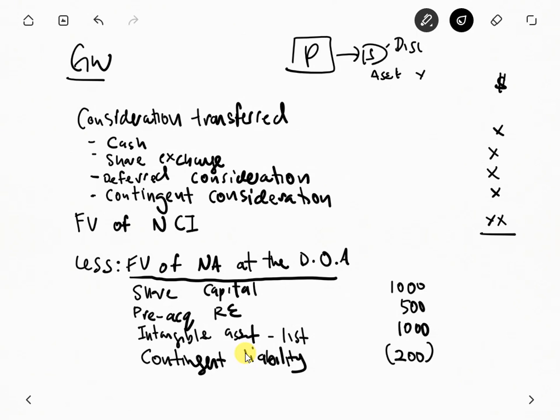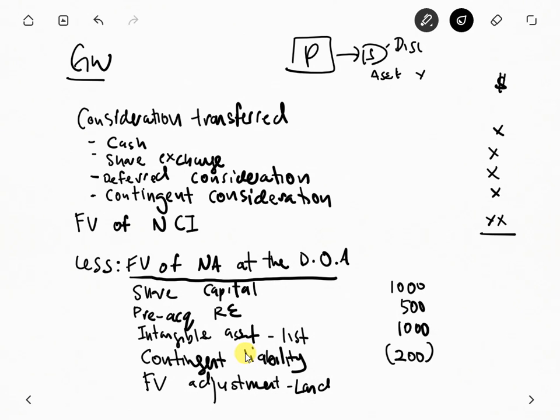Not recognized in the subsidiary: this intangible asset is not recognized as an asset, and the contingent liability is not recognized as a liability, but for a business combination, to calculate goodwill, we must take the fair value, which means we have to adjust. Clear? Some assets also need fair value adjustment. Let's say it's a piece of land.